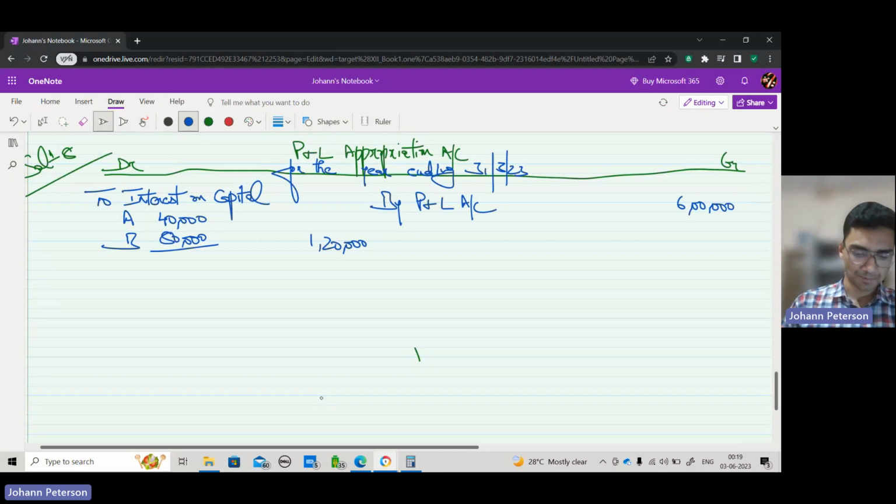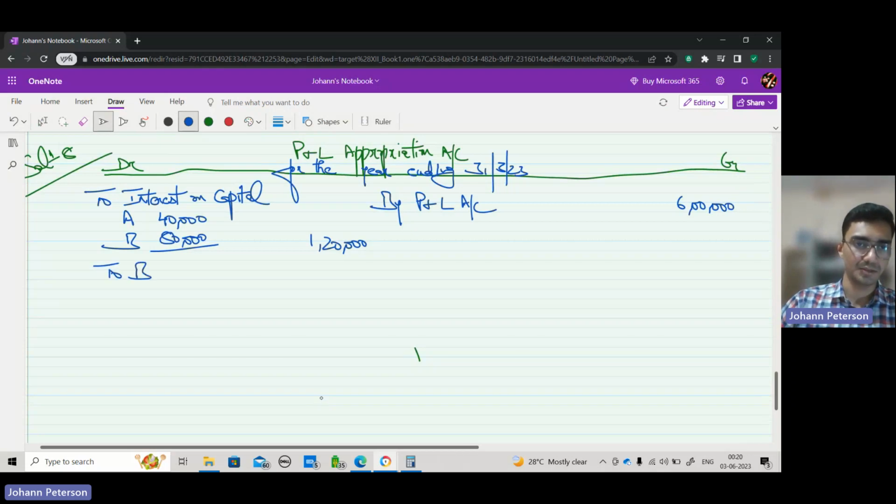After this, it's saying B is entitled to a commission of 10% of the net profit remaining after deducting interest on capital, but before charging any commission. So B is going to get a commission here.